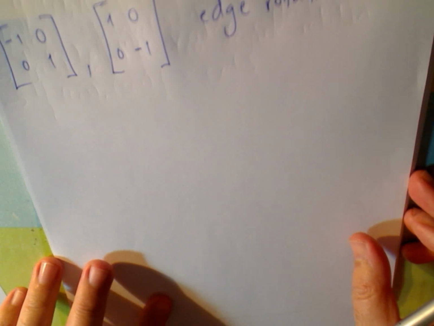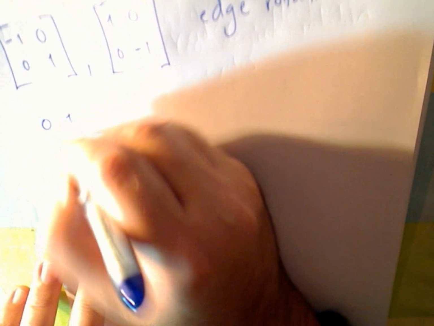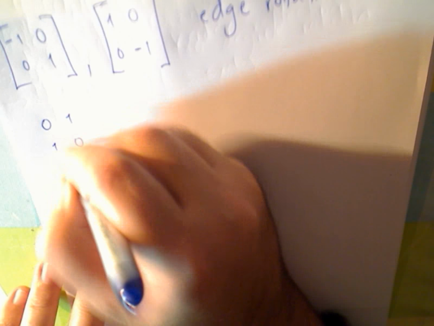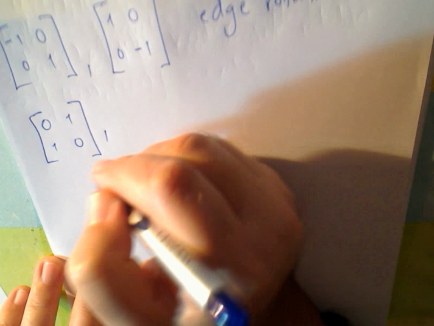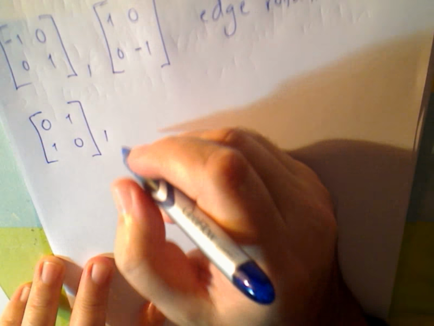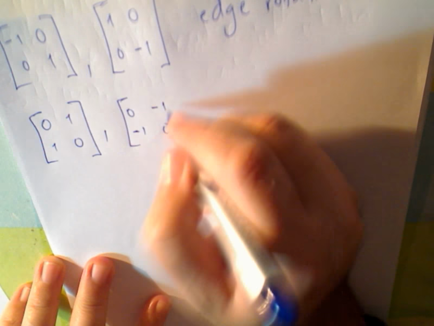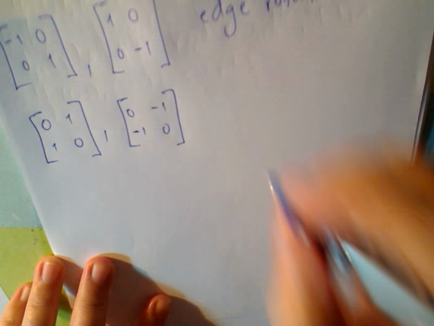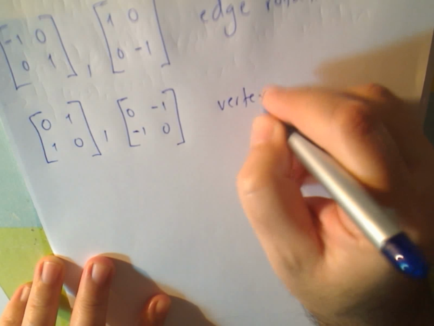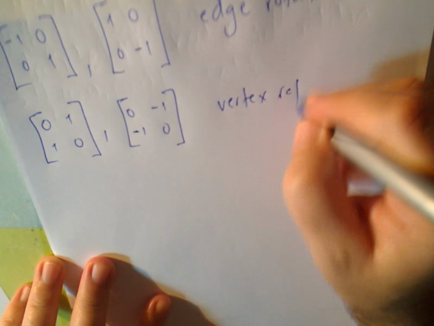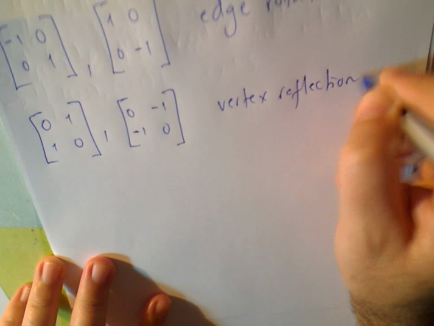What about the vertex reflections? Would be 0, 1, 1, 0, yes. And the other one, this with a minus. These are the vertex reflections.